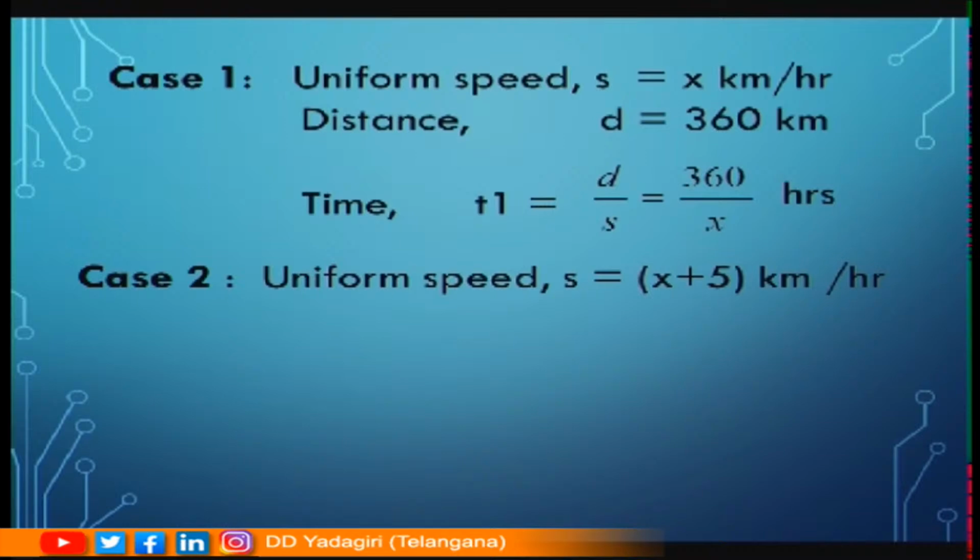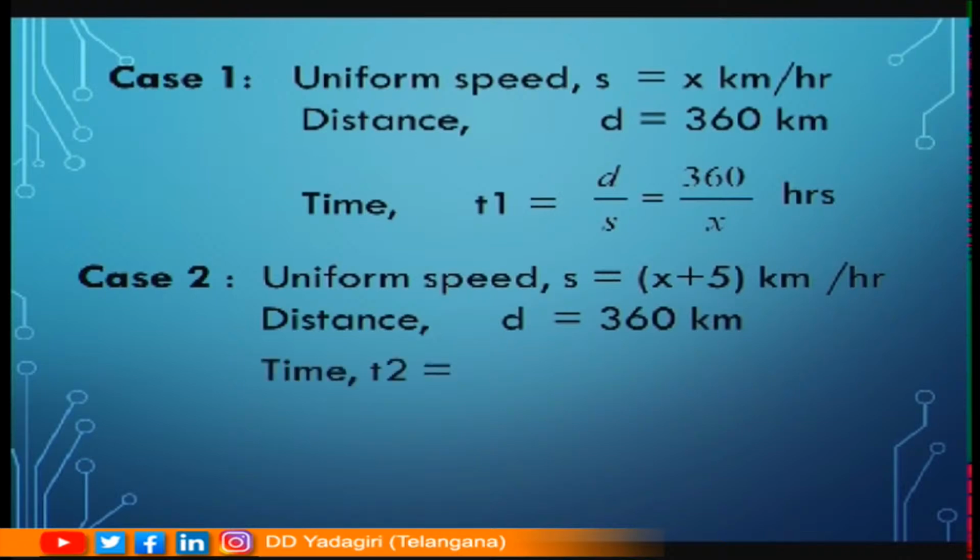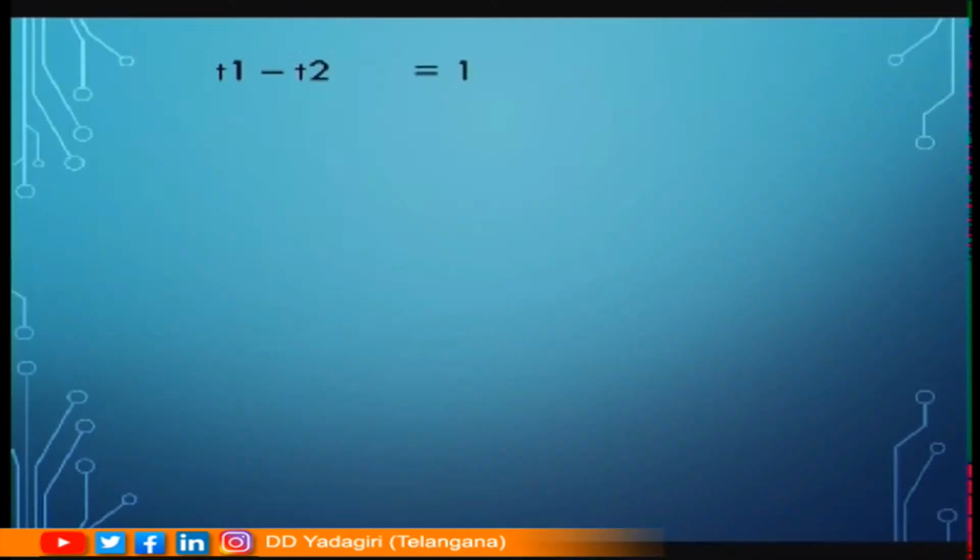Now, our speed becomes s is equal to x plus 5 kilometers per hour, but the distance remains same, which is d, that is equal to 360 kilometers. So, now our time t2 can be taken as d by s, which is equal to 360 by x plus 5 hours. In the question it is given the train would have reached 1 hour before. So, the difference between the time would be t1 minus t2, which is equal to 1.